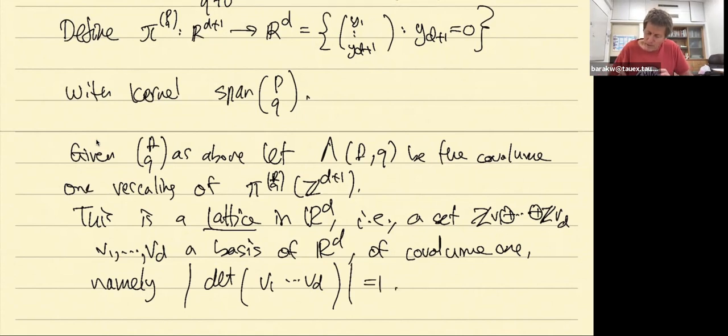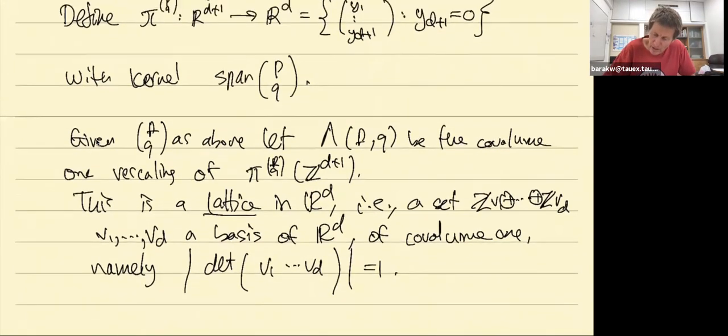So I've defined for you what a lattice is, and I'm claiming that whenever you have a primitive vector in Z^(d+1), you can manufacture a lattice of covolume 1 in R^d. Let me repeat the explanation. You take all the vectors in Z^(d+1), you project them by adding multiples of this integer vector.